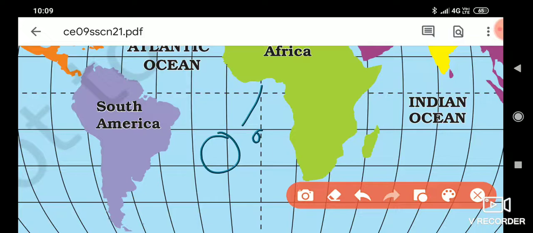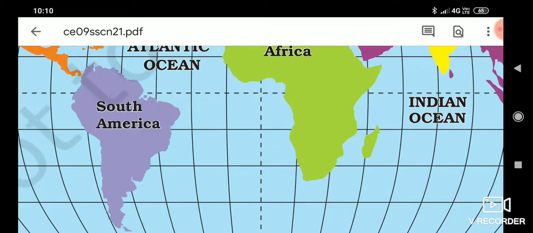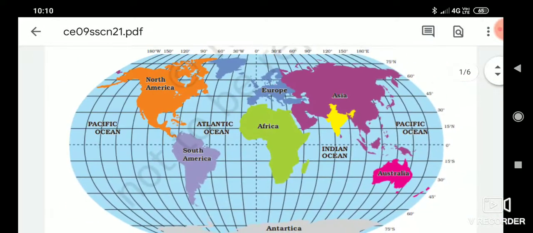Because we study the latitudinal extent of the various countries, their climatic conditions and climatic factors. So we mention all these degrees, and this is India's location, which creates some angular distance with India. We'll be taking these angular distances later. So this is the 0 degree of the equator.